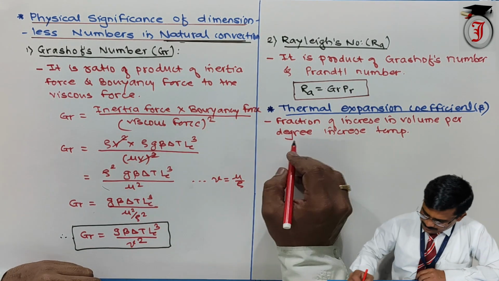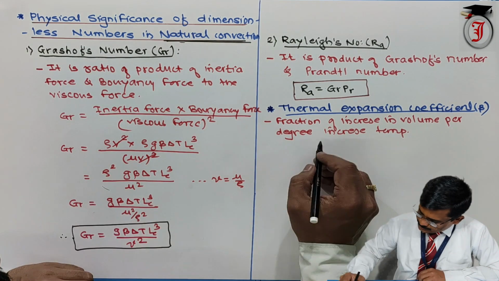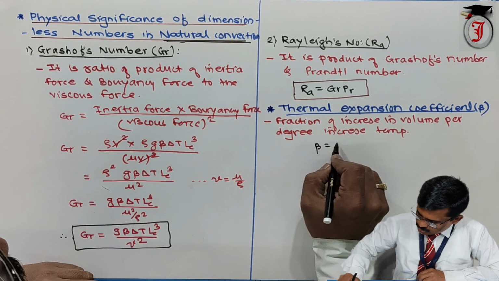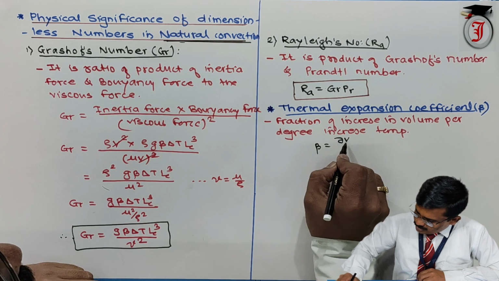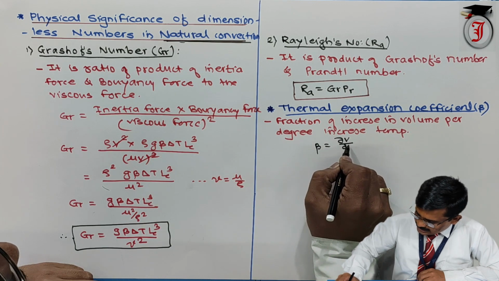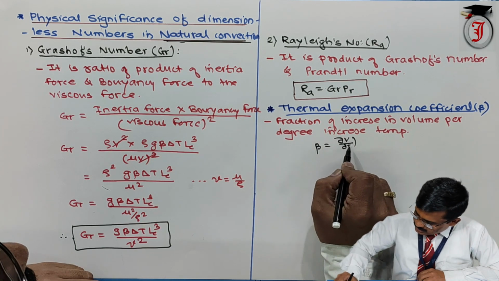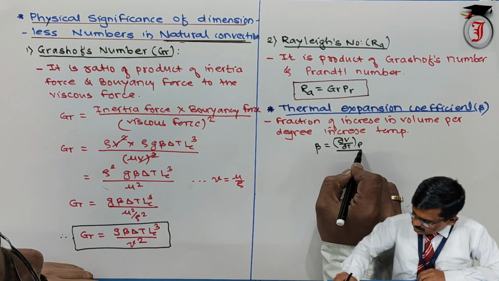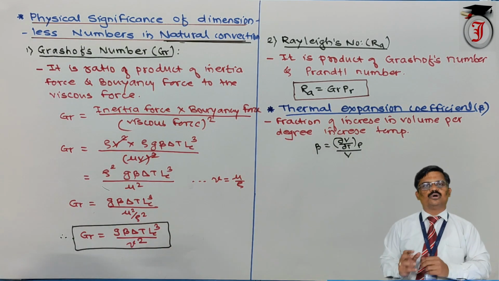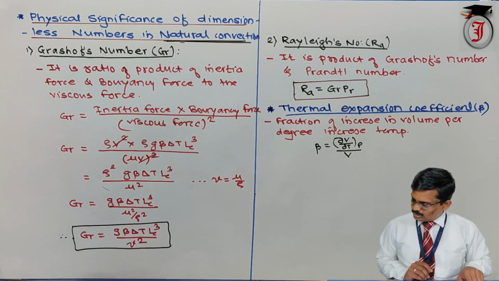So this is given by beta is equal to change in volume per unit temperature at constant pressure P, to the total volume of that fluid.